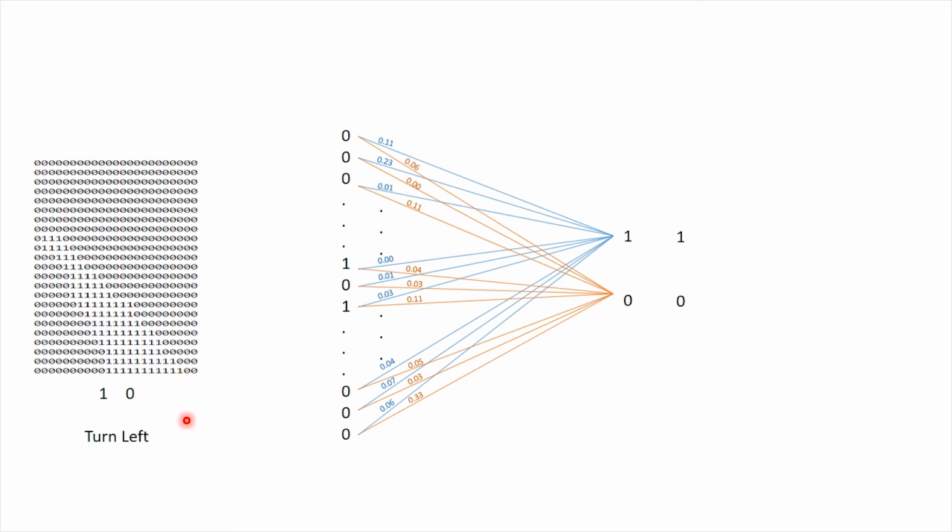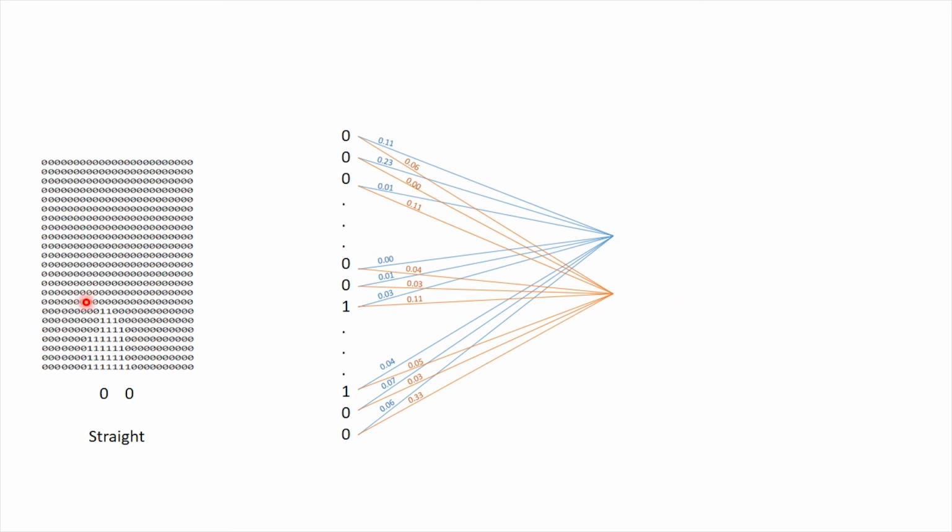This means that the algorithm has learned this particular image. But now we are going to try the second image, because it might be possible that these numbers work well for the first image, but not for the second one, the straight one. So the label here is 0, 0.